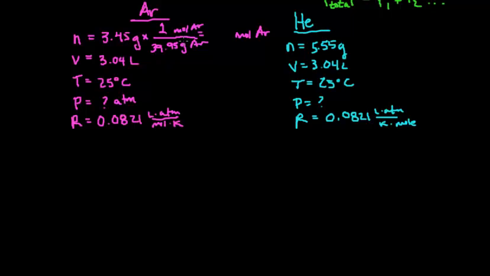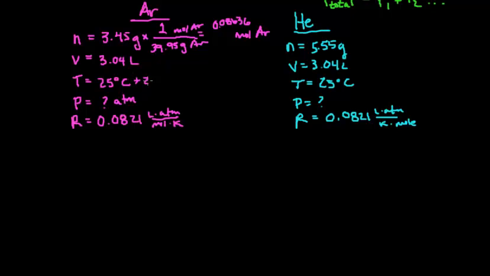And let's put that into the calculator. 3.45 divided by 39.95 equals, and this number is pretty small, it's 0.08636. Alright, and then the last one, K, for temperature, Kelvin.